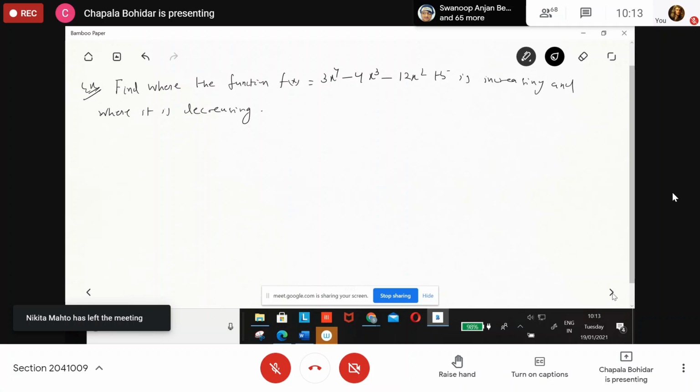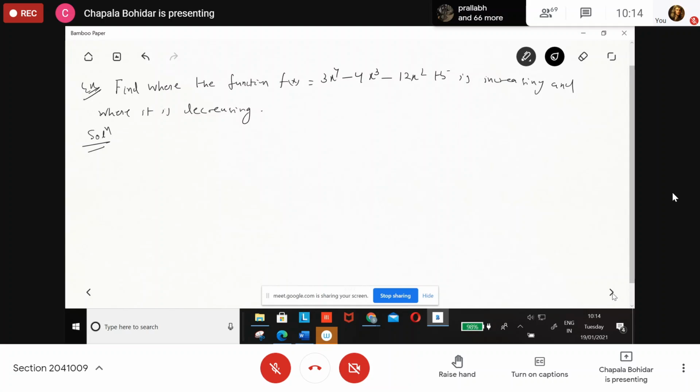Here, first we find out the critical points. According to those critical points, we find our intervals. Then check where the derivative of the function is positive or negative. Then we have to check if it is increasing or decreasing. So here, first, solution.